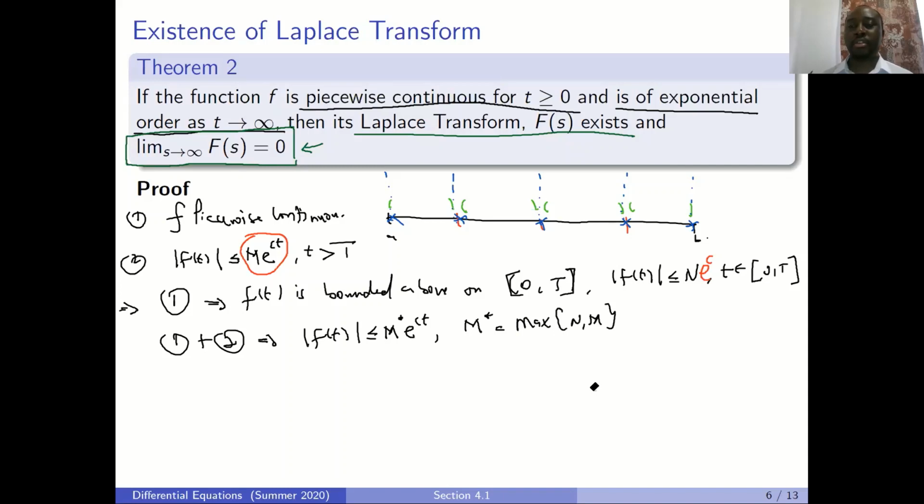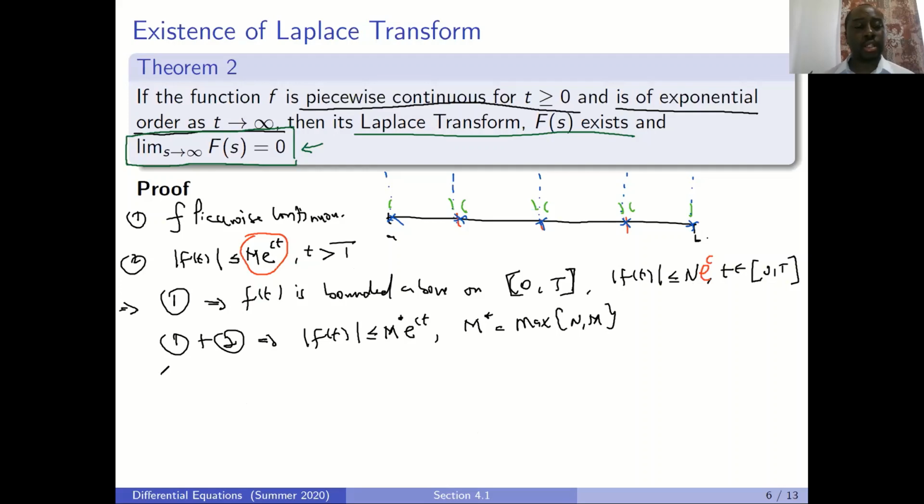In other words, since it's bounded by n e to the ct for all t between 0 and capital T, and it's bounded above by m e to the ct for t greater than T, then on the entire non-negative real axis, I can say that the function is bounded above by m star e to the ct.